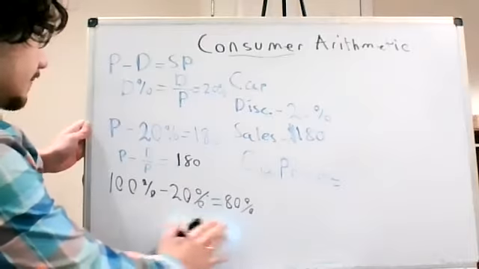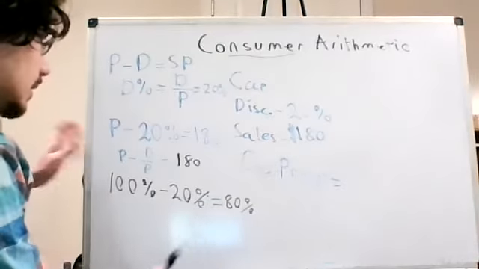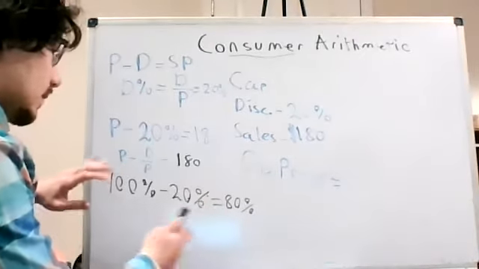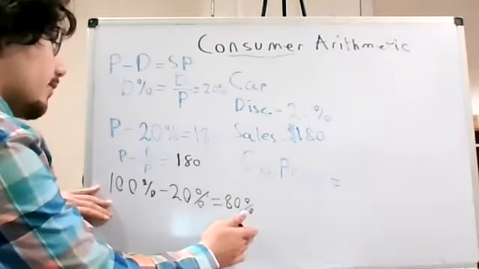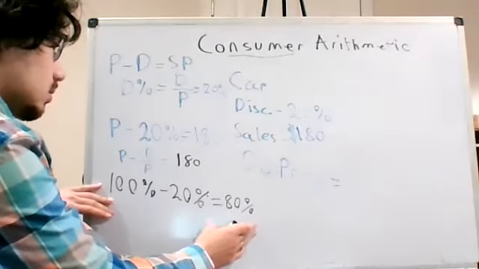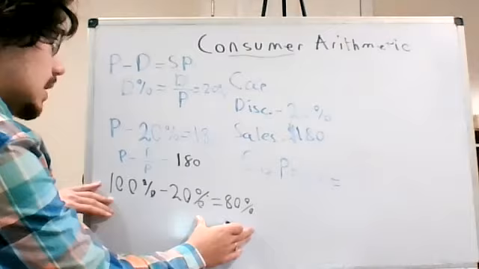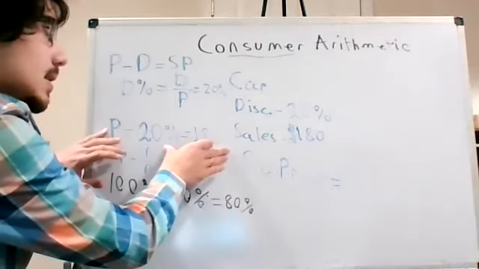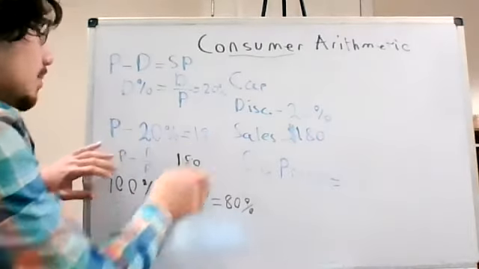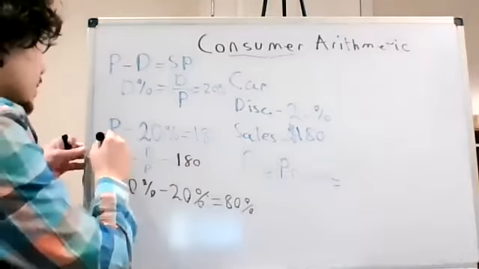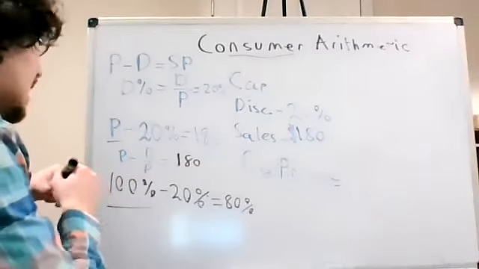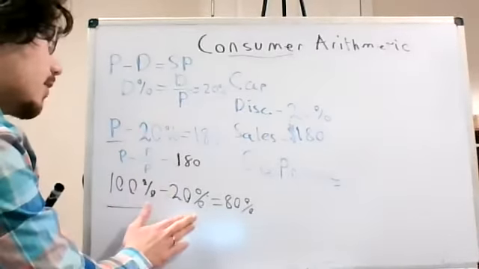This equation we have here, what is this equation based off of? It's based off of this equation, yes? Yes. Because there's the original price minus 20%. Here we have the original price, which is 100%, and we have minus 20%, which we carried over.